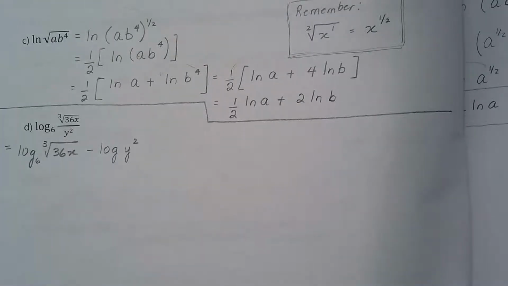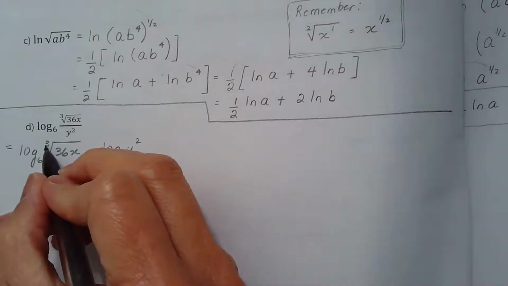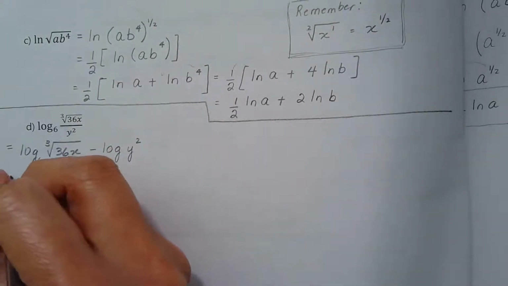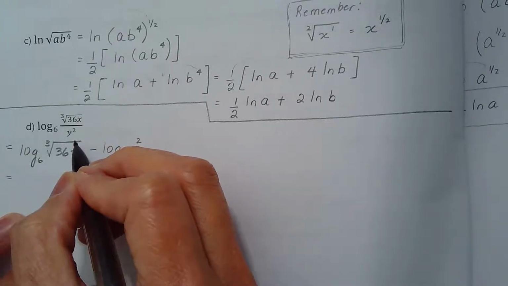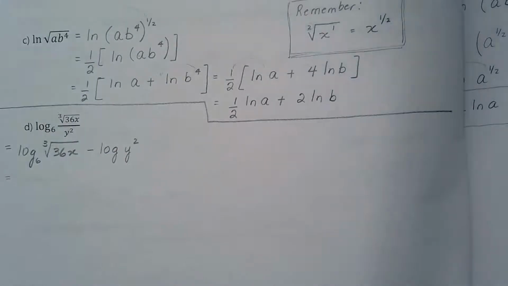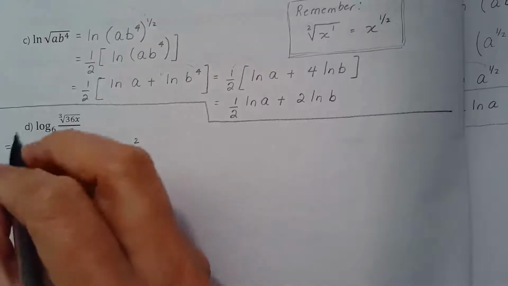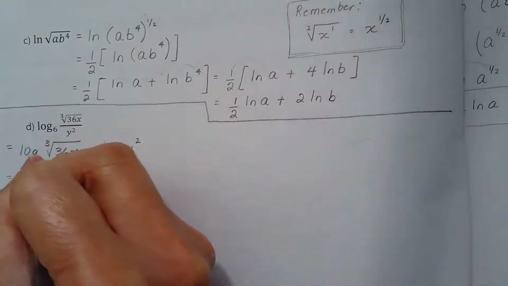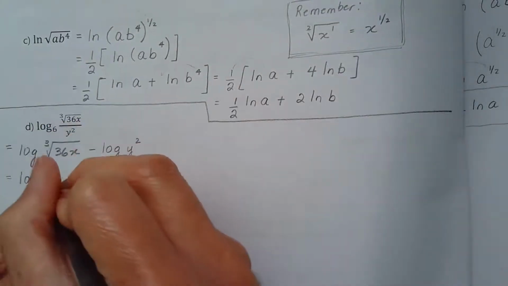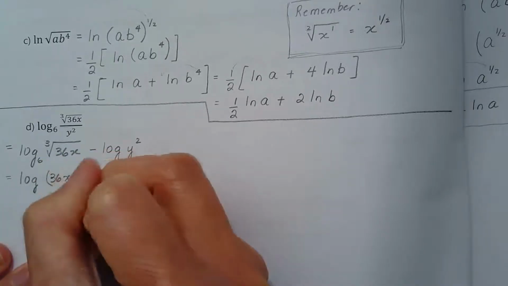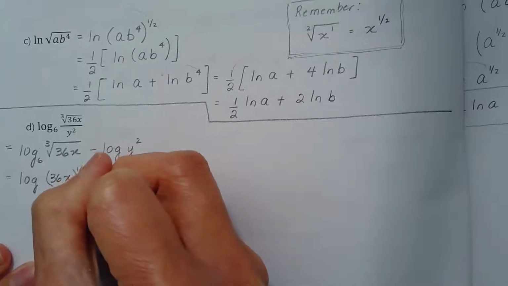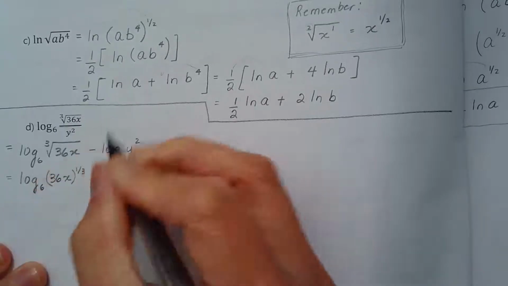Now what are we going to do next? Now this is cube root. Cube root can be written as an exponential expression to the power 1/3. So we can write that as log of 36x to the 1/3, base 6.